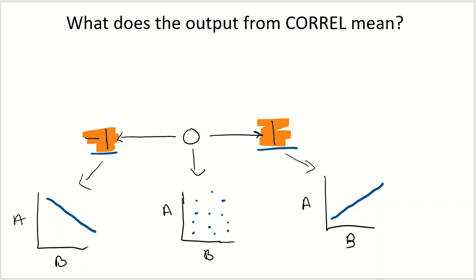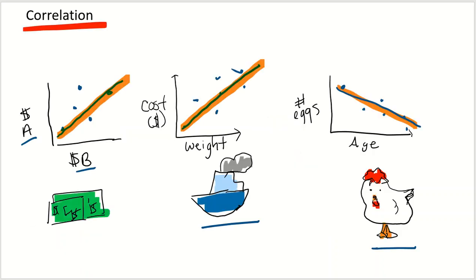One key point as an analyst to understand is that correlation does not tell you anything about causation. It's up to you as the analyst to understand your data and determine when causation might be occurring. For example, going back to our chicken example, we might run the correlation function on our information and get a result of 0.8.